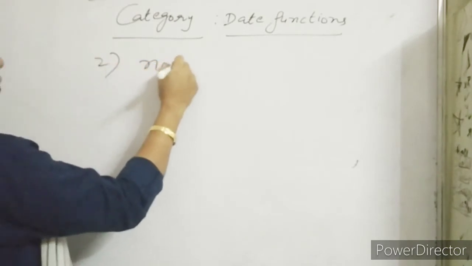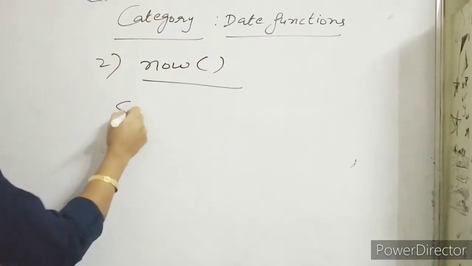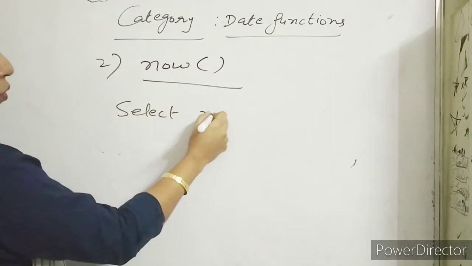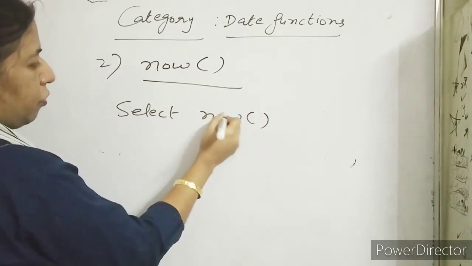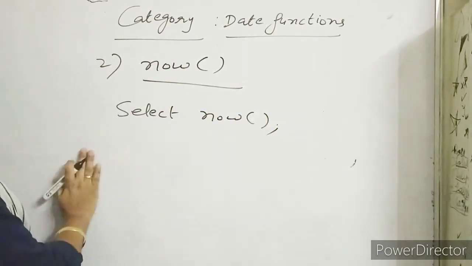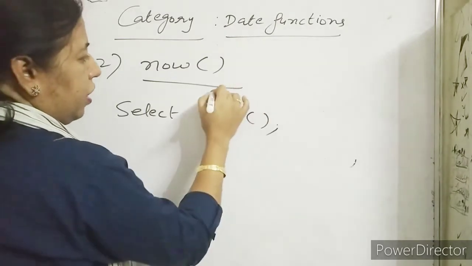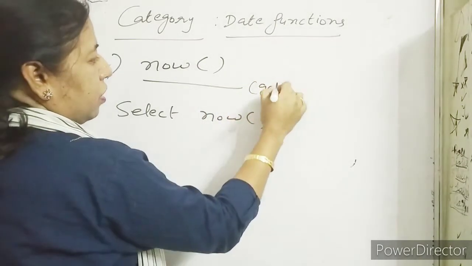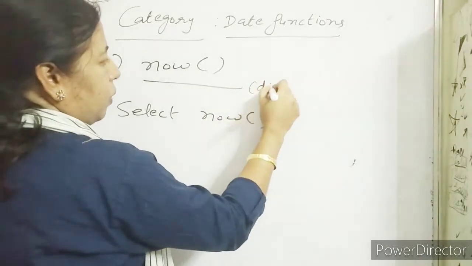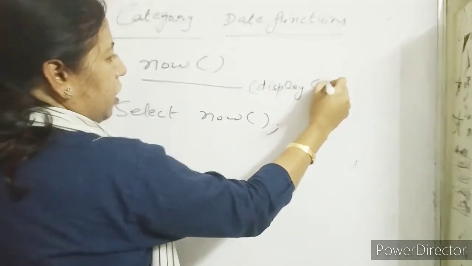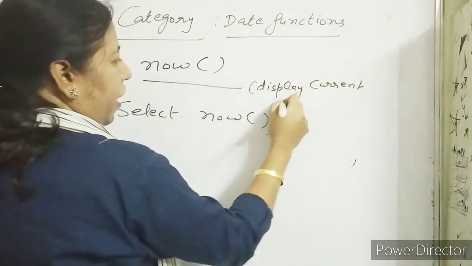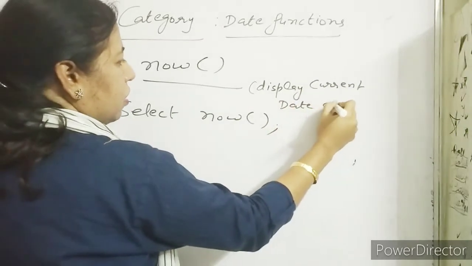Second, now. Clear? Select now. You executed this function. What will you get? You will get the current date as well as time displayed.